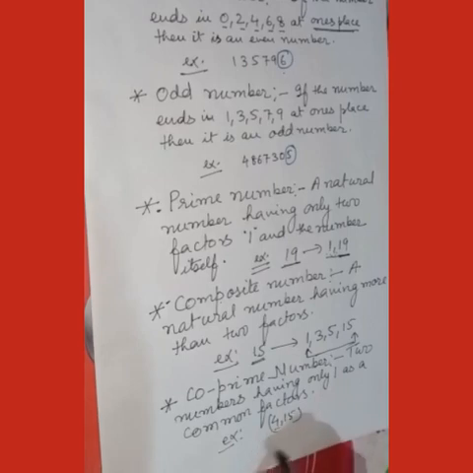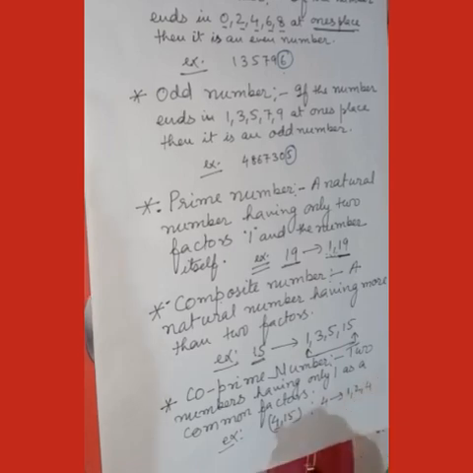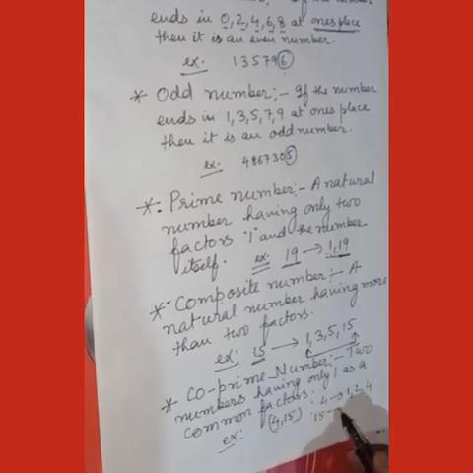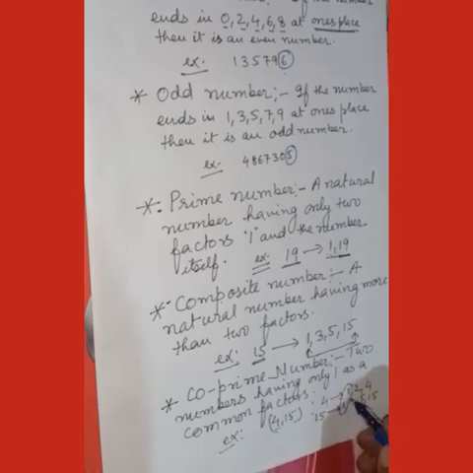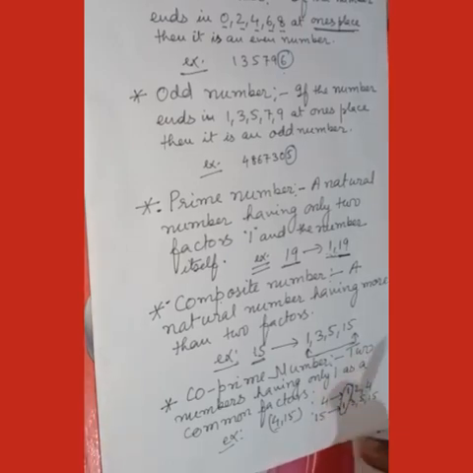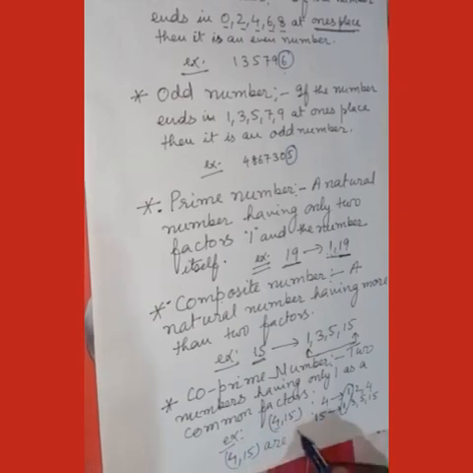Now see, factor of 4 is 1, 2 and 4. Now factor of 15, you see here 1, 3, 5 and 15. What we see here in both the numbers, only 1 is a common factor. 1 is the only common factor. So we can say 4 and 15 are co-prime numbers.